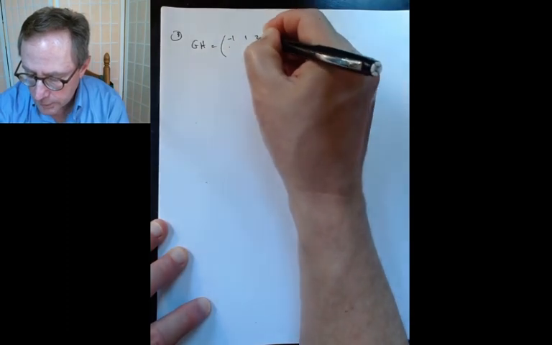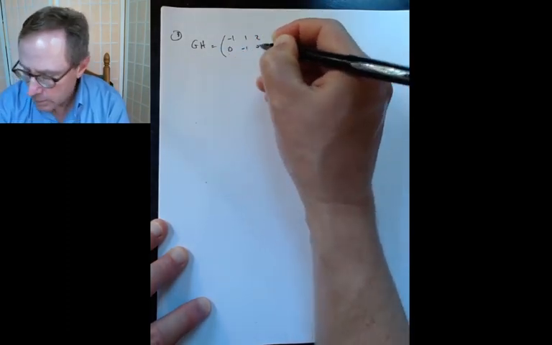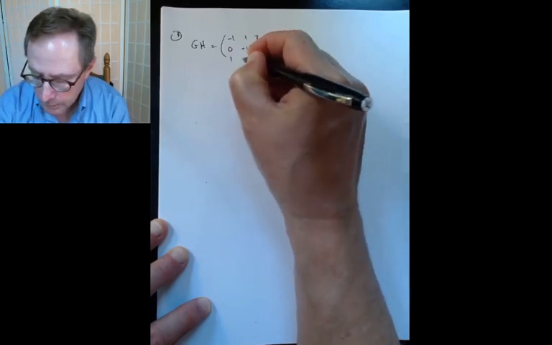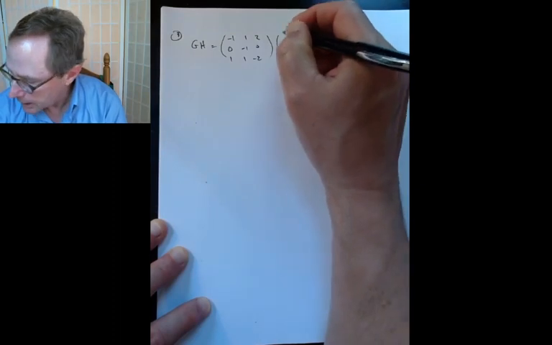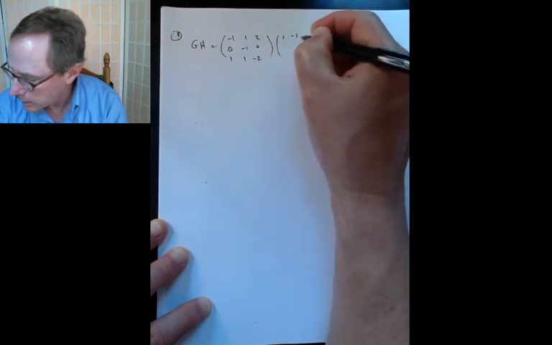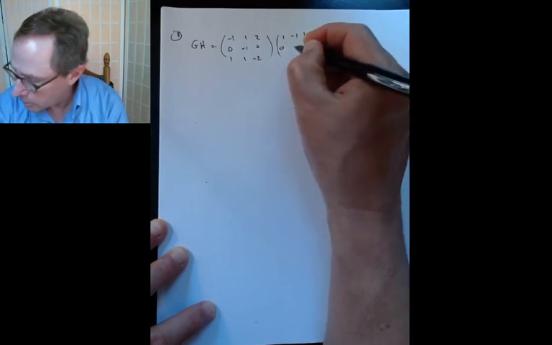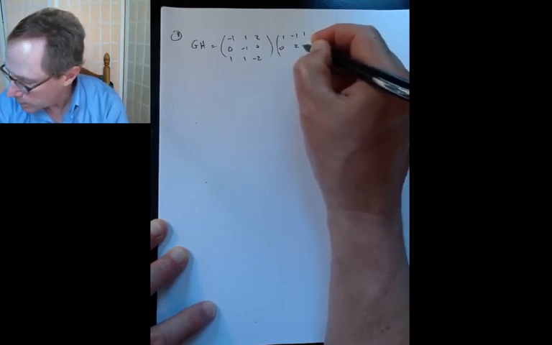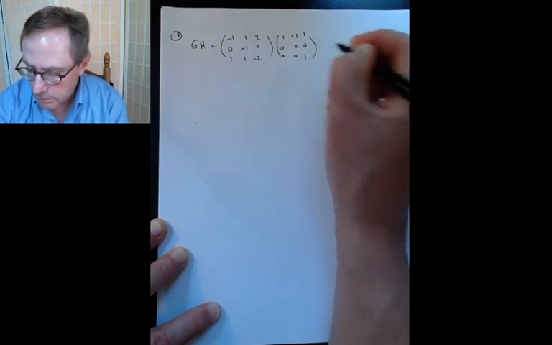Capital G is minus 1, 1, 2, 0, minus 1, 0, and 1, 1, minus 2. And capital H is 1, minus 1, 1, 0, 2, 0, and 0, 0, 1.